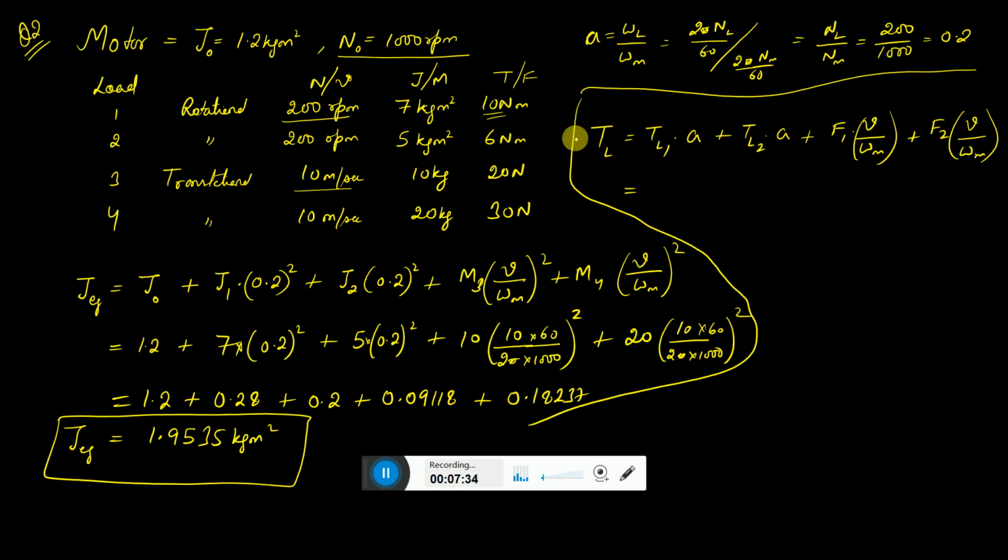So TL1 is 10 into A is 0.2, TL2 is 6, A is 0.2, F1 is how much? 20, 10 by omega M. So we just take these values of 2 pi 1000 by 60 plus F2 is 30.